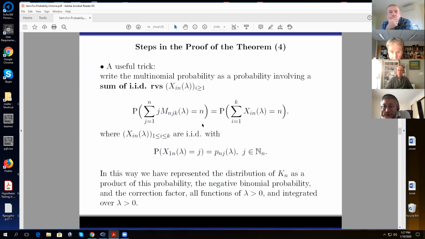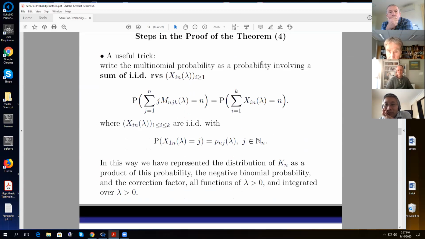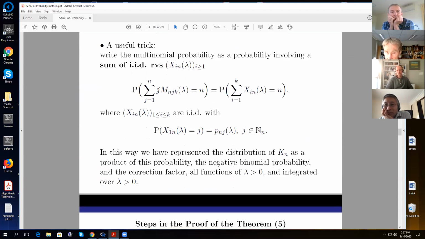Now, a useful trick which I found in a paper of Jeff Watterson's, although of course it's elsewhere in the literature as well, is the following. You can write a multinomial probability as a probability involving a sum of IID random variables. So this probability, the summation of the Jmj, can actually be written as a summation from 1 to k of Xj(n, lambda), still retaining equals n. The reason for doing this is that we know lots about the limiting behavior of sums of IID random variables.